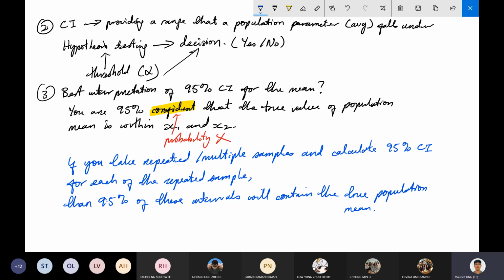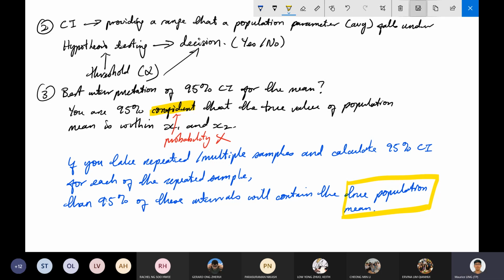Do you understand the difference? Hello, anybody? The reason here is because you don't know what the real true population mean is.